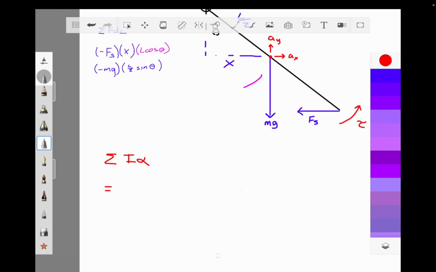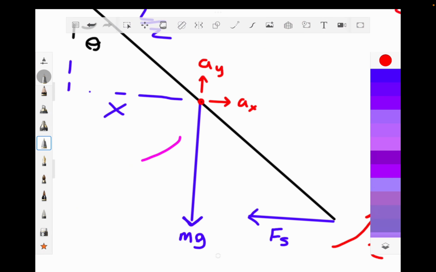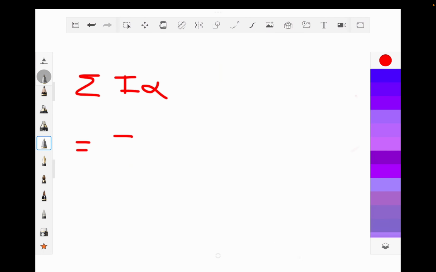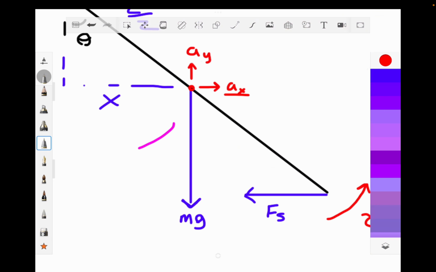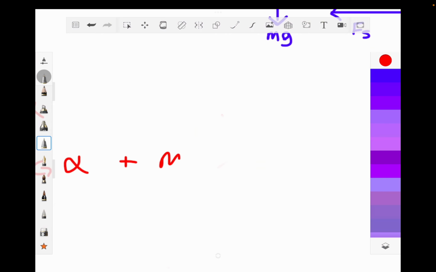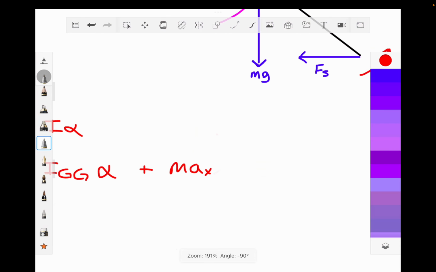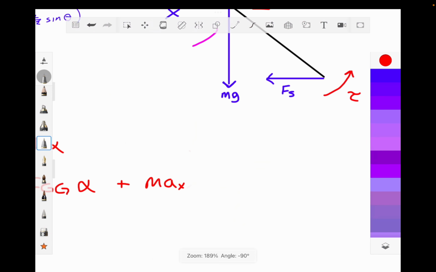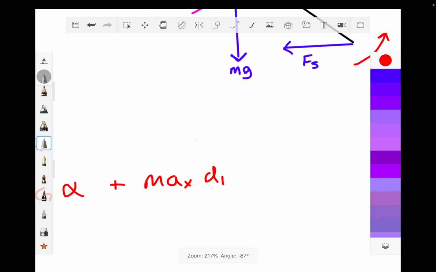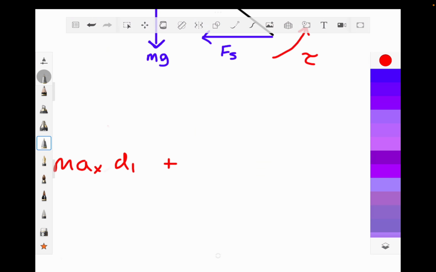And so the other way the teacher did it is I center of gravity times whatever alpha, bam, plus this, which is going to be m a_x times whatever, let's call it d1, plus m a_y d2.